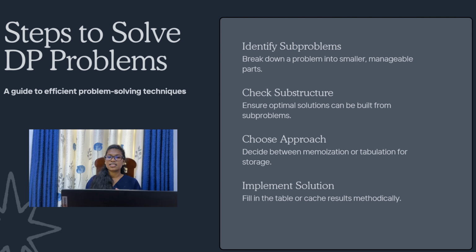Check substructure: ensure optimal solutions can be built from subproblems. Then choose an approach: decide between memoization and tabulation for storage. Implement the solution: fill in the table or cache results methodically.